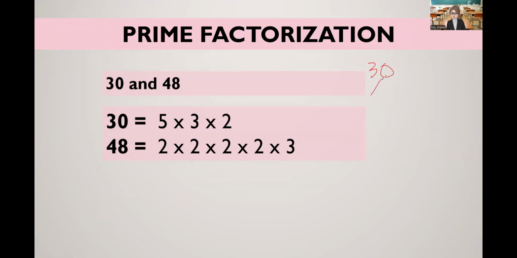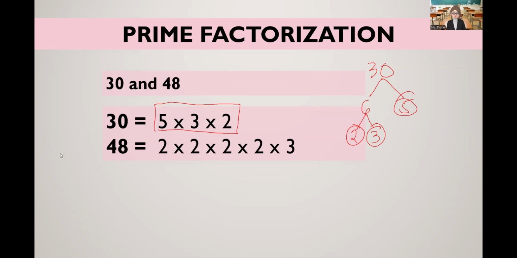What are the factors of 30? 6 times 5. 5 is already a prime number; you cannot factor that one out. And 6 is a composite, so you can still factor it out. That is 2 and 3. So we have 5, 3, and 2. Those are the prime factorization of 30.